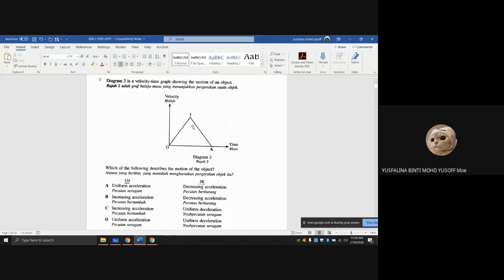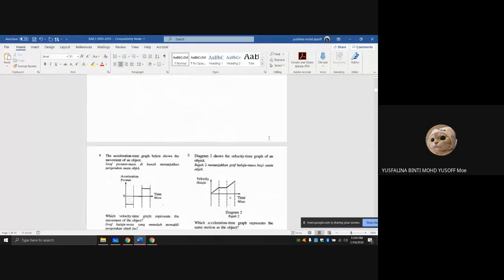And then this one, you should draw a triangle, the gradient is still the same, so it's also uniform, but because the velocity is decreasing, it is a uniform deceleration. So the answer should be D. Number 3 is D.